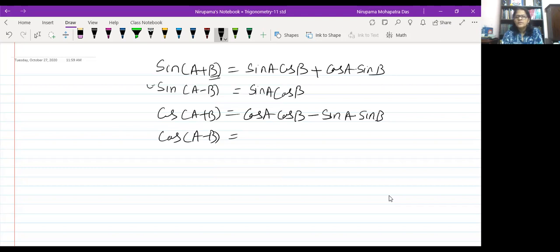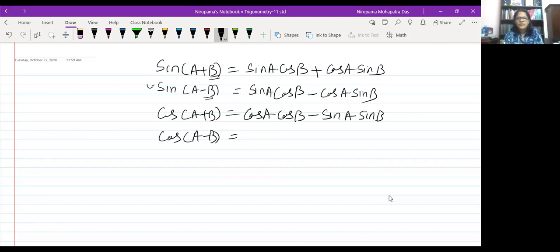Sin minus B is minus of sin B. So sin A minus B is sin A into cos B minus cos A into sin B.